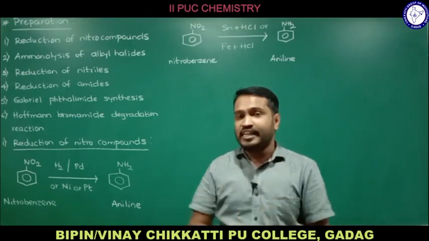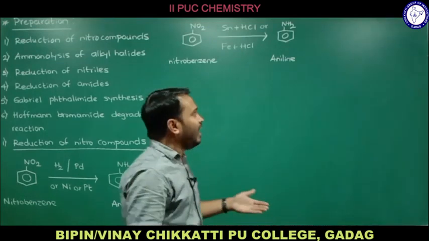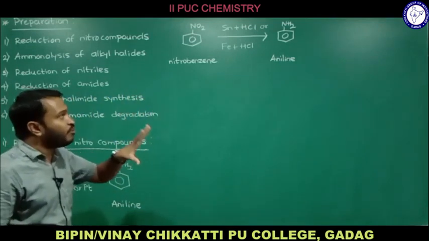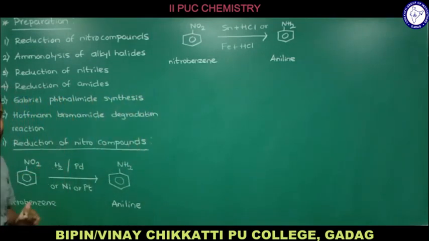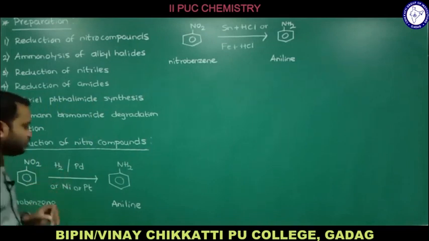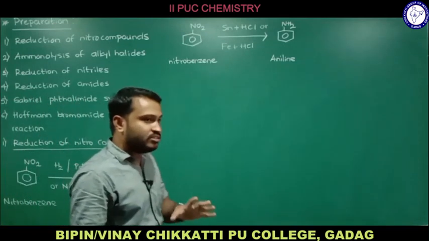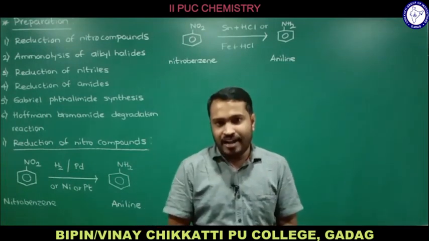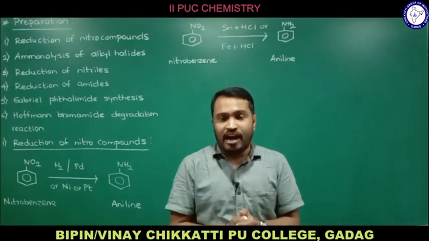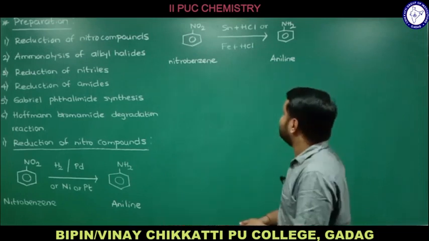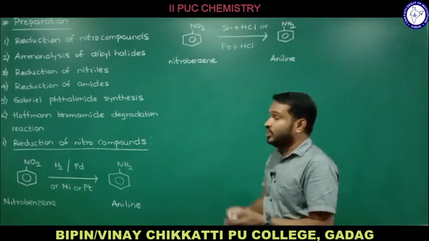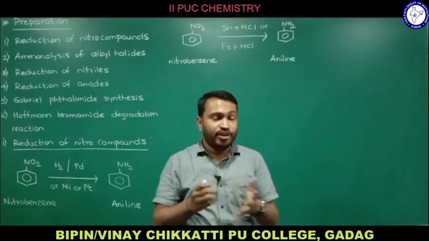So out of these three, if you consider any one, you are going to get the respective amine from a compound containing nitro group. This is how the reduction of nitro compounds has to be considered for the preparation of respective amines. And out of these three methods, the last one, the mixture of scrap iron with HCl, is preferred, and we know that one.